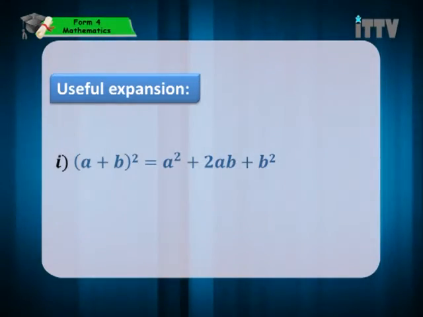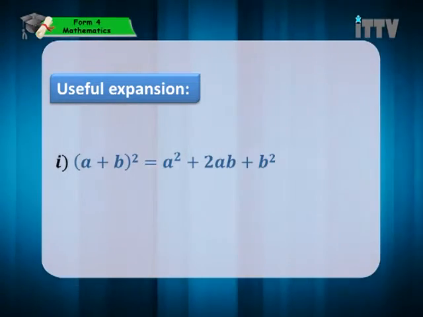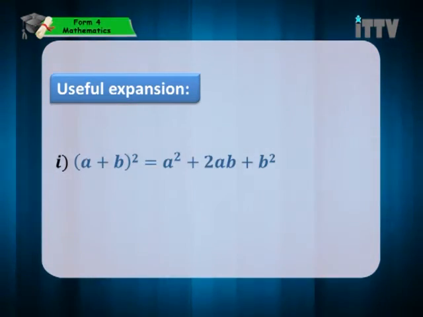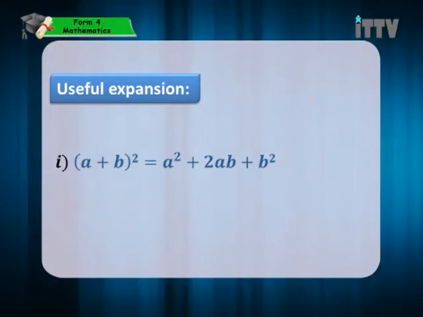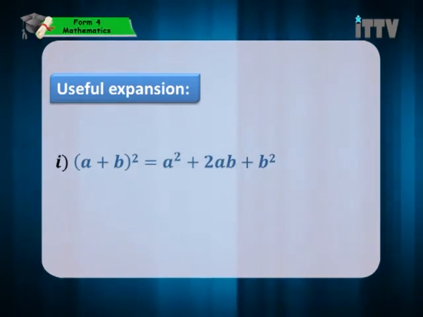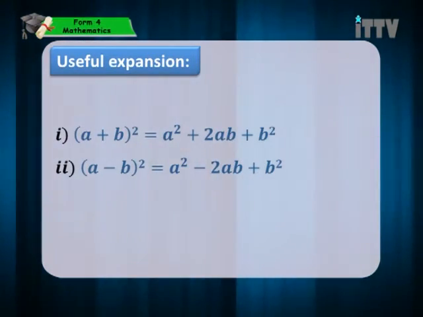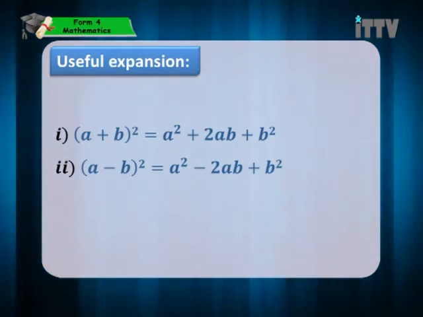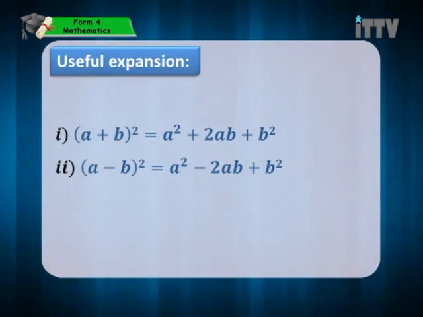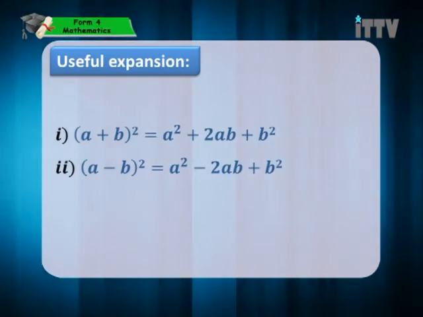The first useful expansion, a plus b squared equals a squared plus 2ab plus b squared. The second useful expansion, a minus b squared equals a squared minus 2ab plus b squared.